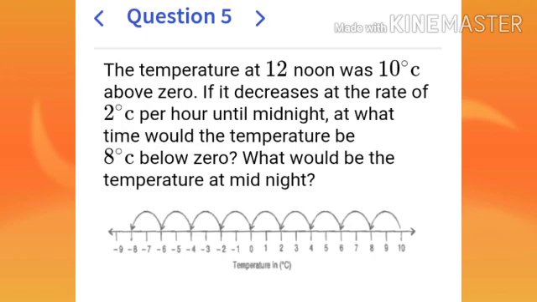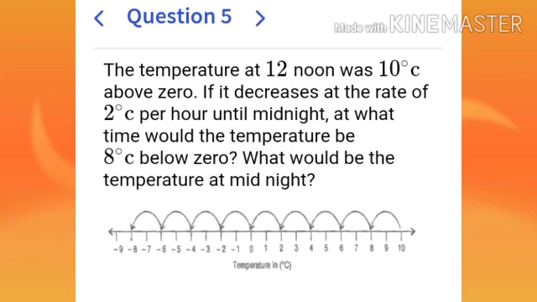Here, let us assume the number line. 0 is the origin and 12 noon is to the right of the origin because the temperature at 12 noon was 10 degrees Celsius, which is above 0. Then, it decreases at a rate of 2 degrees Celsius per hour until midnight. So, per hour, the temperature decreases at the rate of 2 degrees Celsius.